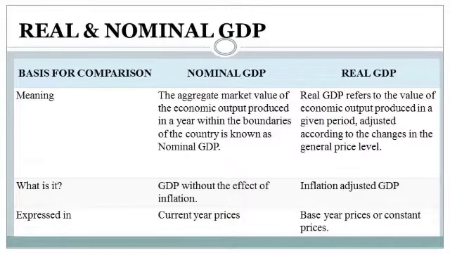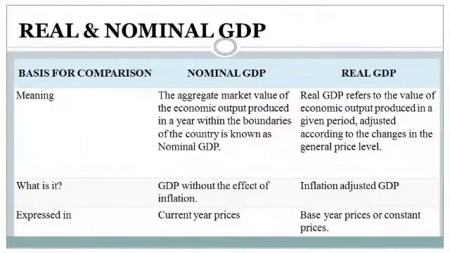But the real GNP or real GDP is basically, again, the economic valuation of goods and services which are produced in the country, but it is always corrected to the general price level, which means the nominal GDP is not inflation adjusted, but the real GDP is inflation adjusted.